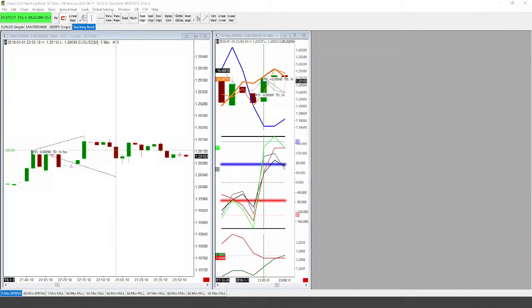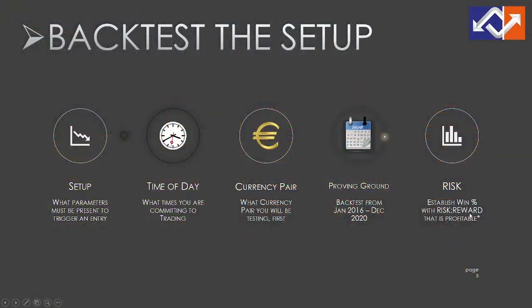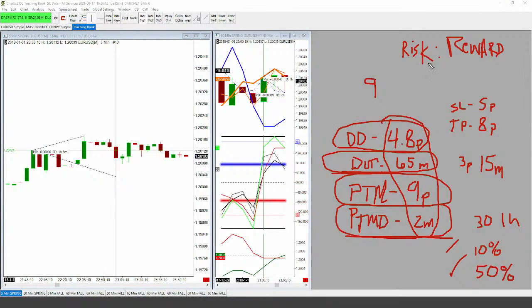Now, that's not all we need, right? Because we could have a risk to reward, but if it's not within a win percentage that's profitable, then the trade doesn't win. So we need the risk to reward to reflect positive for whatever win percentage we get, right?